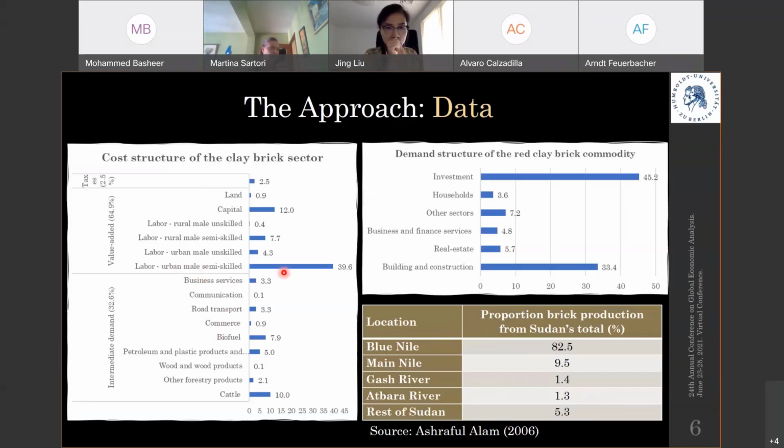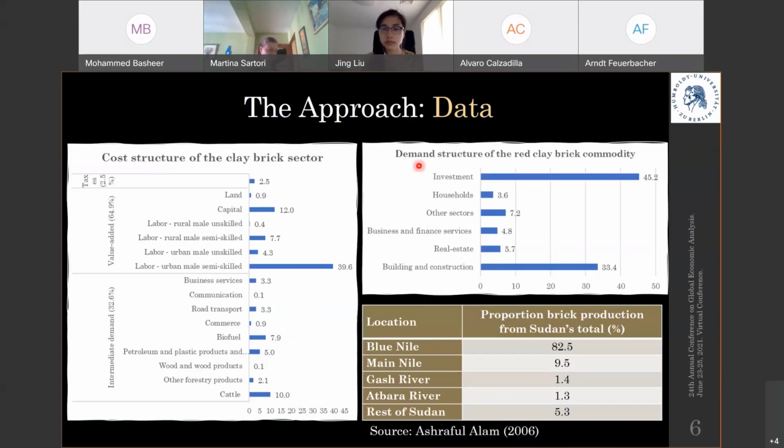Most of its production cost goes into labor, but it also relies on other factors such as biofuel and petroleum for pumping water from the river, and cattle. By cattle here we mean the manure of cattle that is used to fire the red brick production.